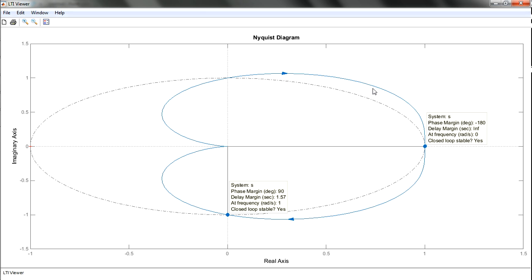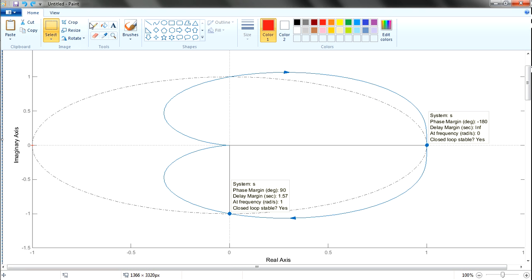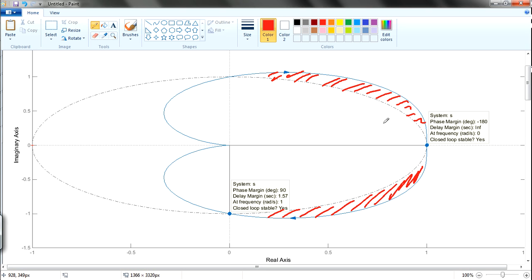Outside of this, this portion over here, this is not the margin but rather the region that is considered unstable. I've repeatedly drawn this a lot of times. I just want to convey it in this manner.